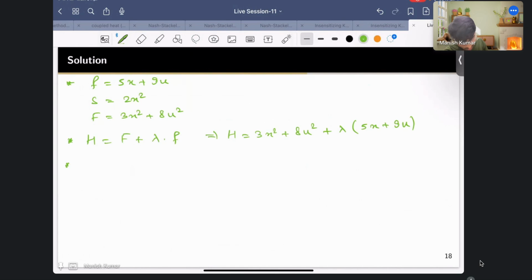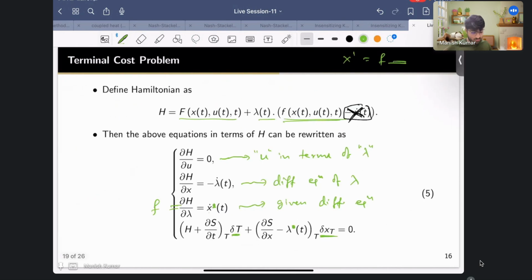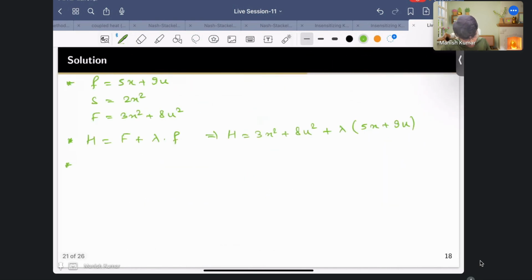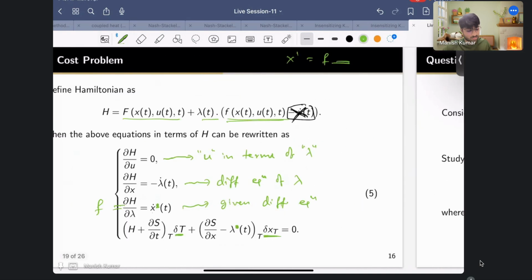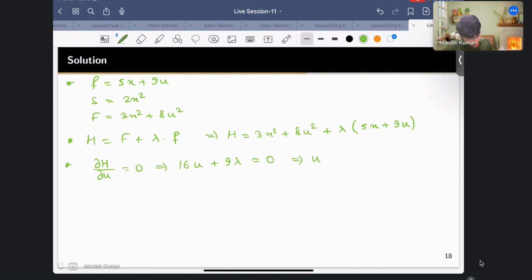Now we have to solve these equations, so we'll have to determine what the equations are. The first one is del h by del u equal to 0. If I do that, I get 16u plus 9 lambda equal to 0. From here, as I mentioned, we get u in terms of lambda: u equals minus 9 by 16 lambda.